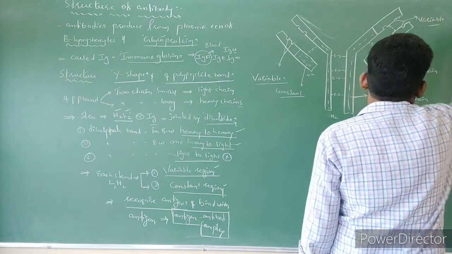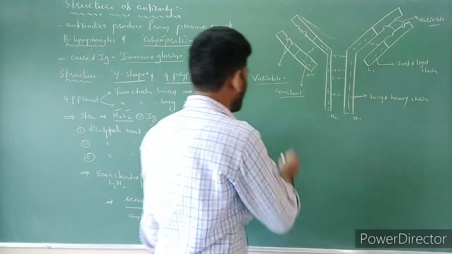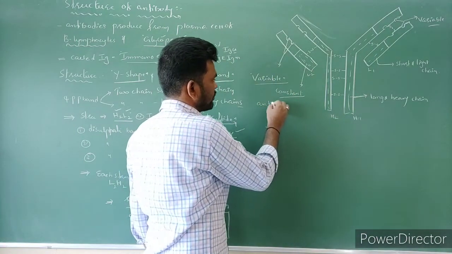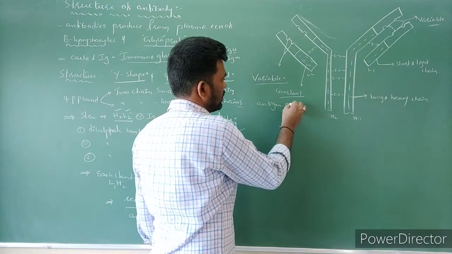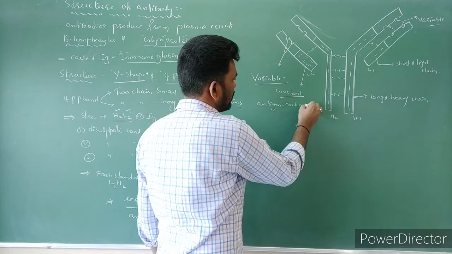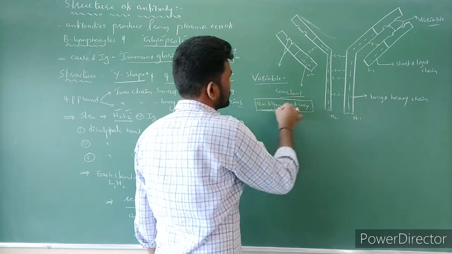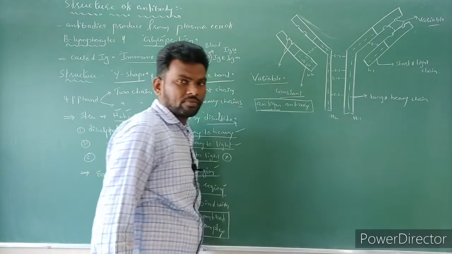Variable regions are useful for binding of antigen. The antigen antibody complex is going to form in this region, right?